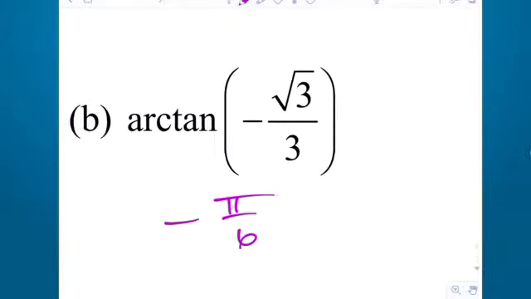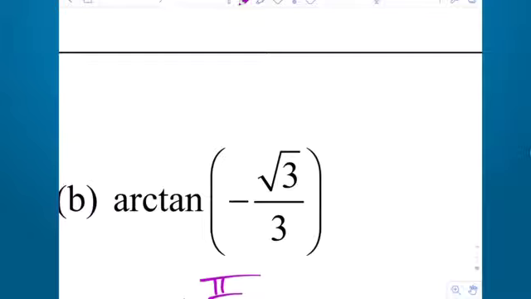Because what is tangent of negative pi 6? Well, it's the same as tangent of 11 pi 6. And I quizzed you over tangent of 11 pi 6. It's negative square root of 3 over 3. Now, how do you know that if you forgot? You have to deconstruct this. Square root of 3 over 3 is what happened after you rationalized negative 1 over the square root of 3, right? So that is it unrationalized.